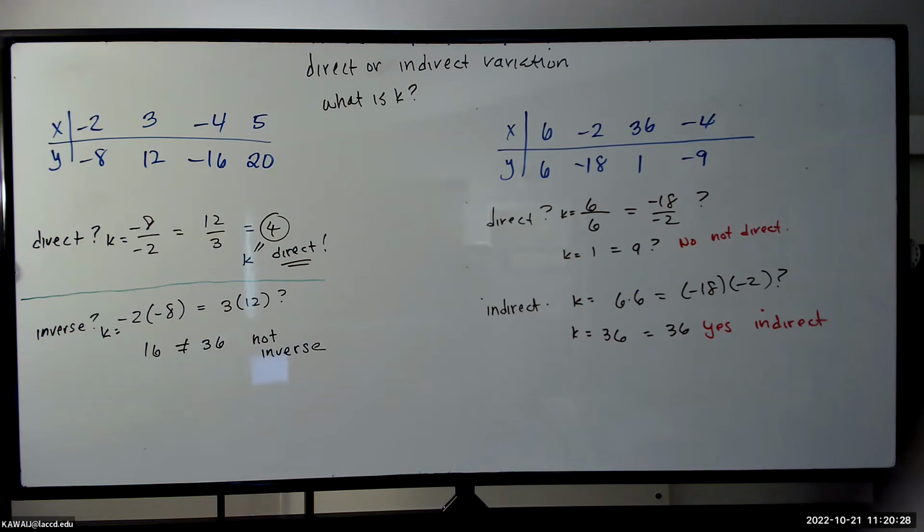Okay. Now, what you want to do is think of this as slope. So if we are moving up, it's positive. And if we are moving down, it's negative.